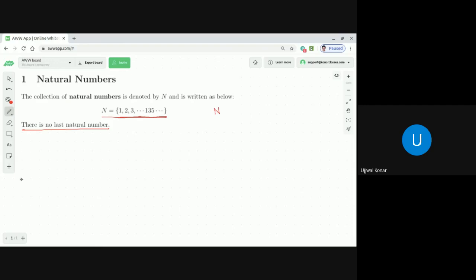The next number system, what comes after natural numbers, is called the whole numbers. The collection of whole numbers is denoted by W, and let me show you how it is described.